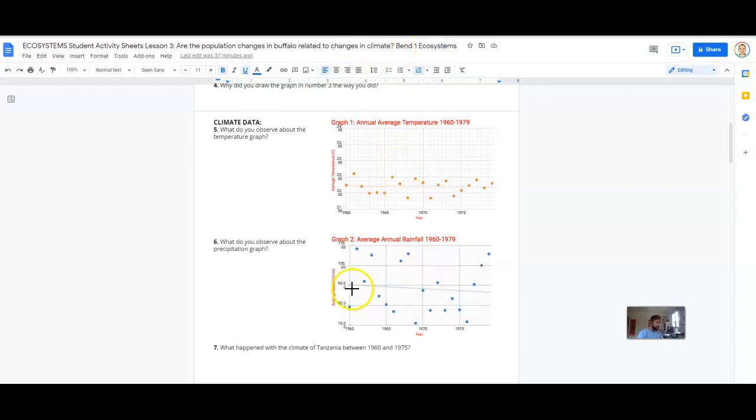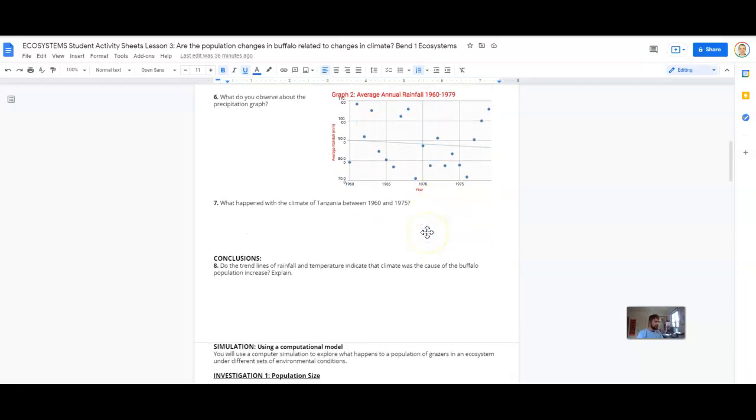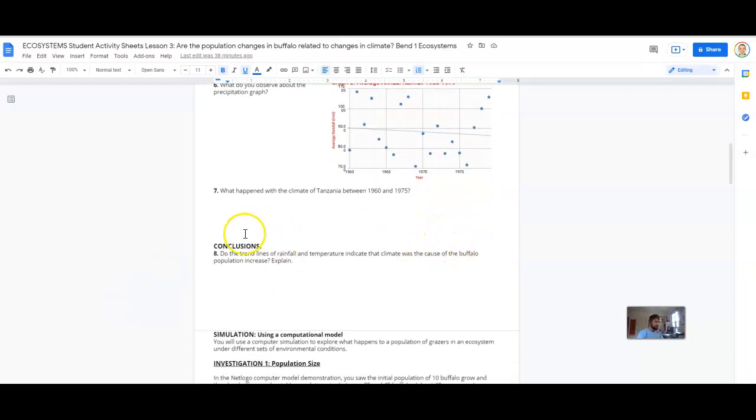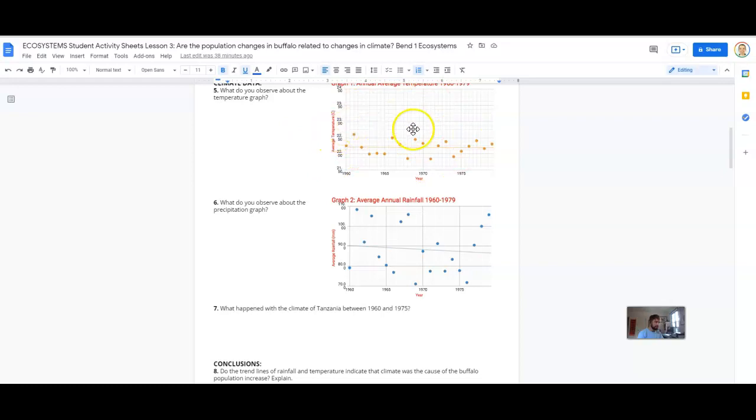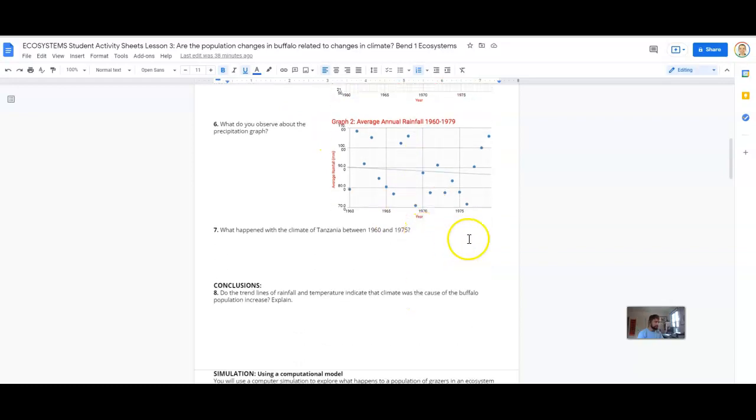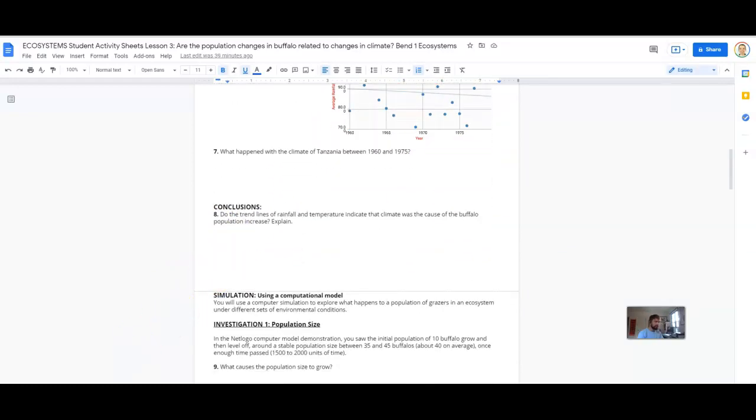So this is the line that we're thinking about and whether it looks significant. Is it going up? Is it going down? That's what you're thinking about here. And here you're describing what's happening overall in these two scenarios of temperature and rainfall. And then you just conclude. Is this telling us much from the temperature and the annual rainfall? What are the conclusions to that?